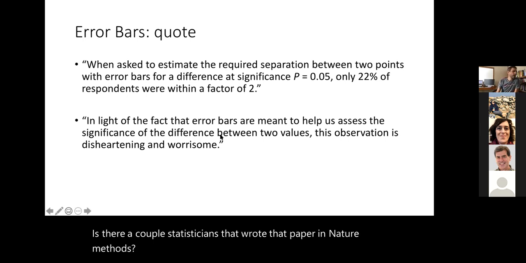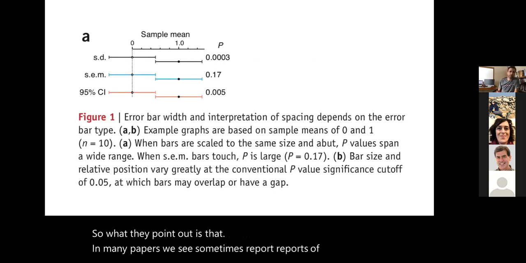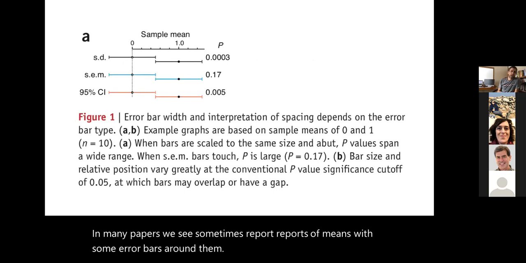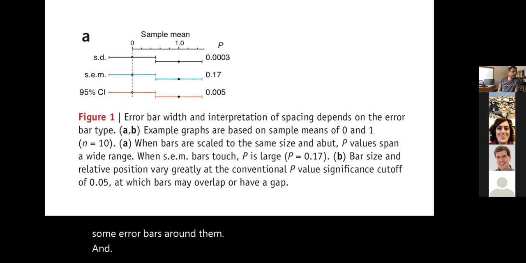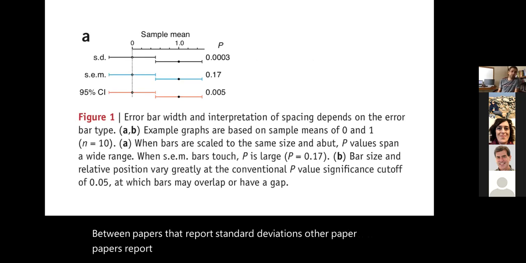What they point out is that in many papers, we sometimes see reports of means with some error bars around them. They did a little survey, split between papers that report standard deviations, papers that report standard error of the mean, and papers that report confidence intervals.